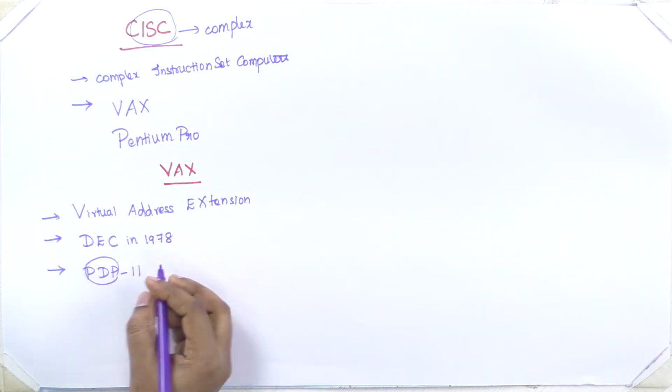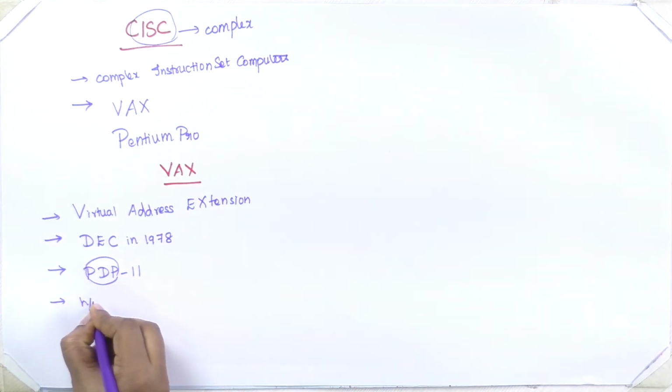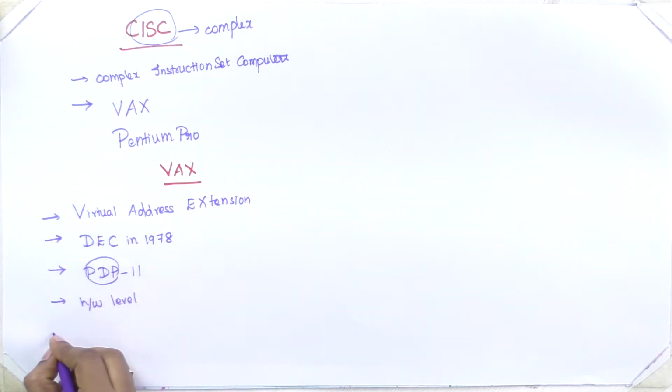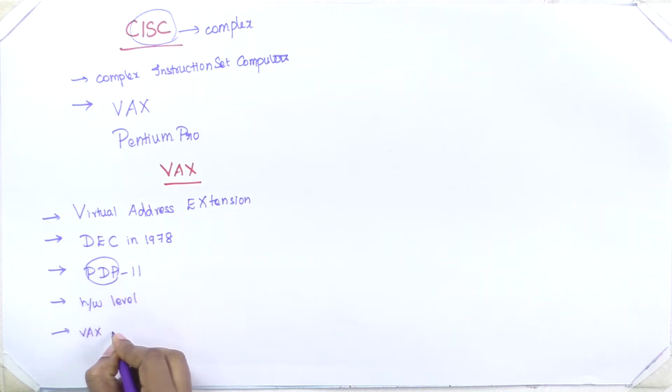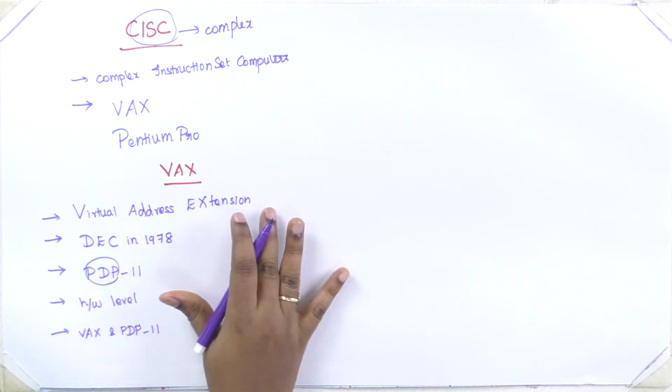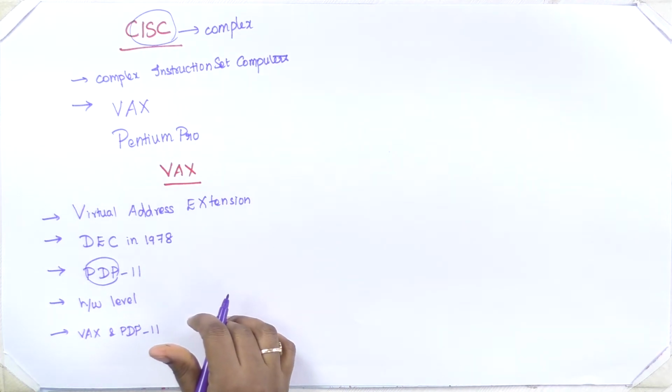The compatibility is provided at the hardware level, but both VAX architecture and PDP-11 architectures share the same machines in a multi-user environment. So this is the general introduction about VAX architecture.